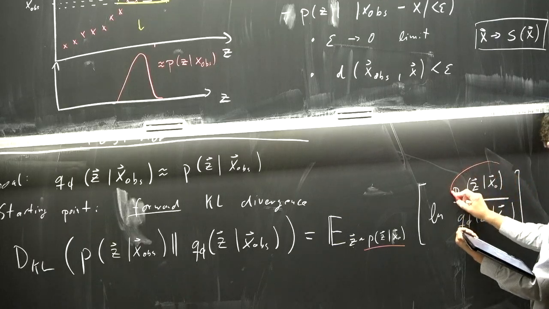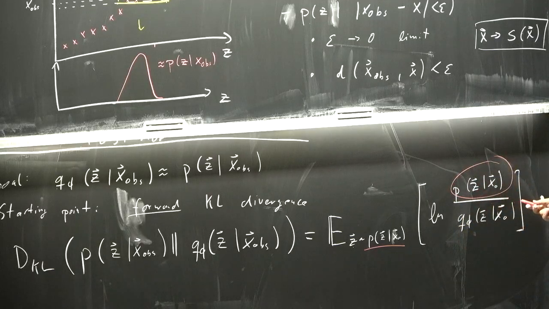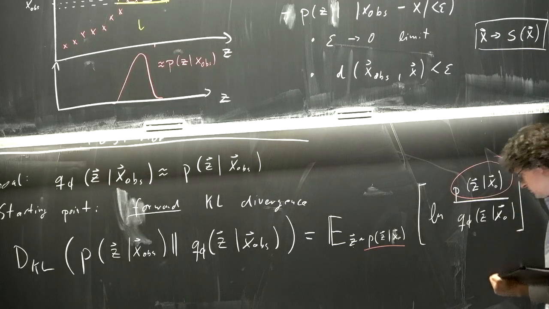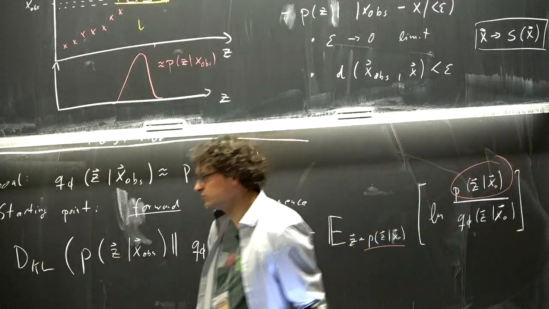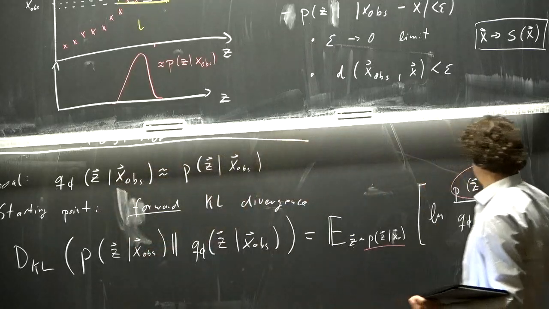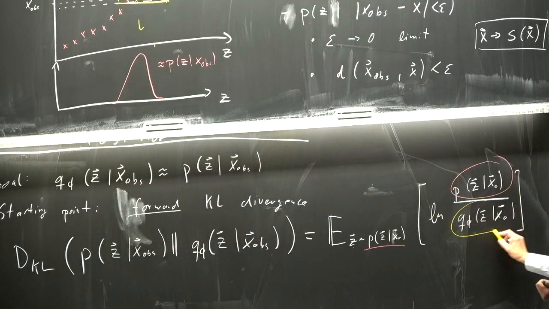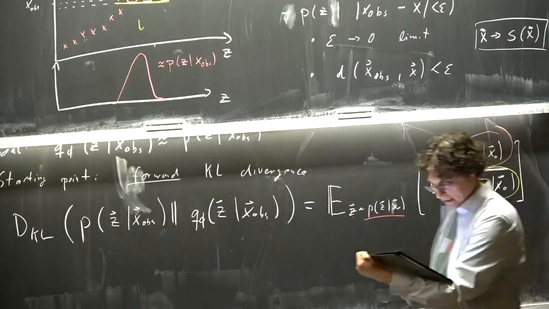We also typically can't evaluate the posterior density, because we typically will not have the normalization, or we might not have code to even calculate the likelihood density. The only thing that we assume we know how to calculate right now would be the variational posterior. So how can we solve that problem?